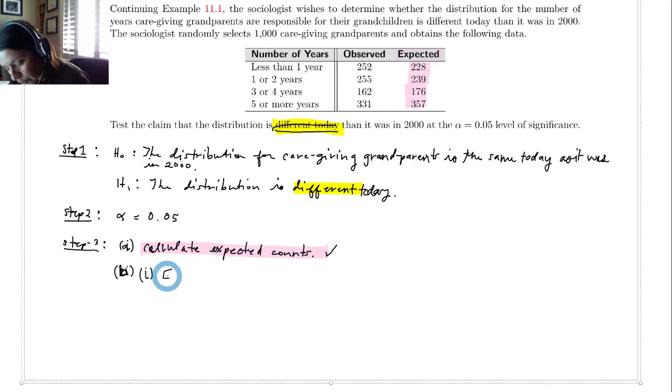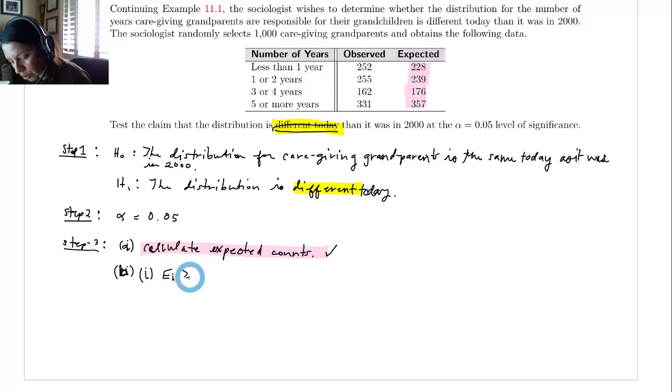So any category has to be greater than or equal to 1. And we can see that every expected count is much bigger than 1. There are hundreds, right? So that's done. The second criteria says that no more than 20% of the expected counts can be less than 5.